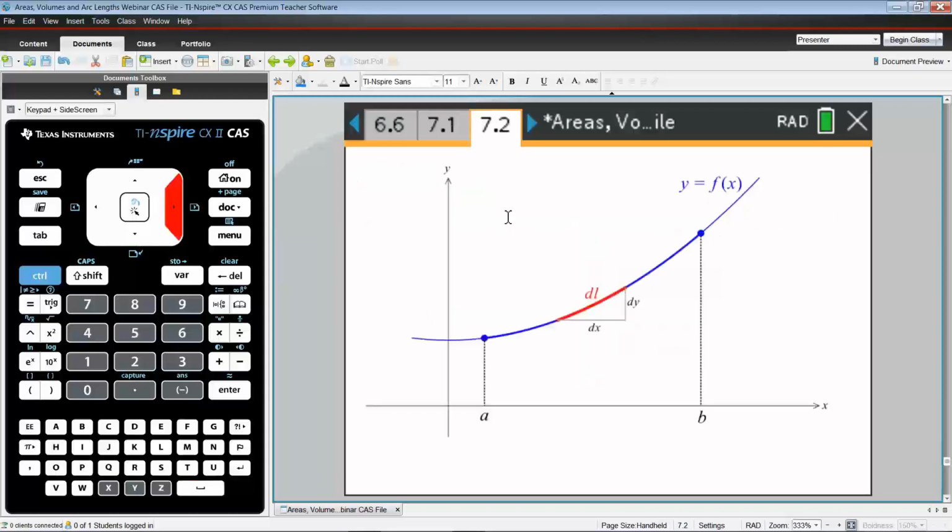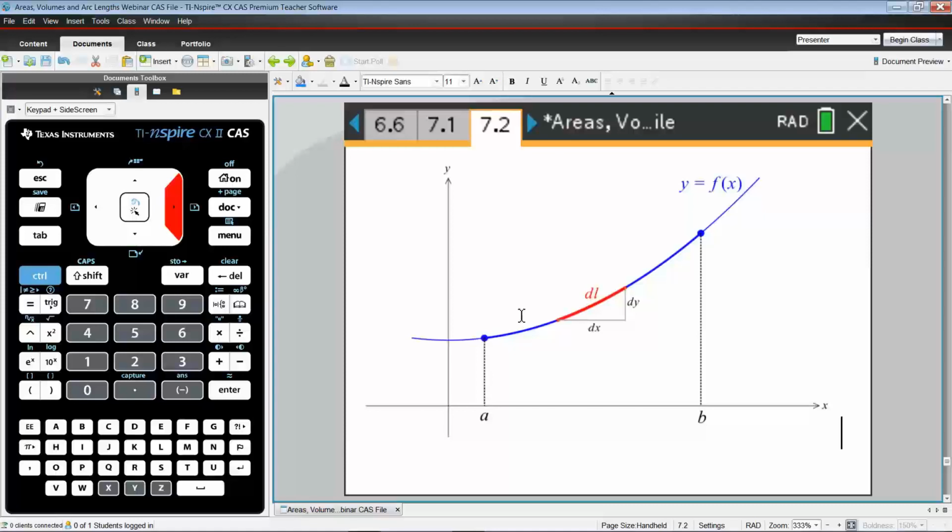Okay, so this is just a quick picture that I put together that demonstrates where this comes from. We have dy as a vertical differential, dx as a horizontal differential, and dl, which is an infinitesimally small length of arc, is what's going on here.